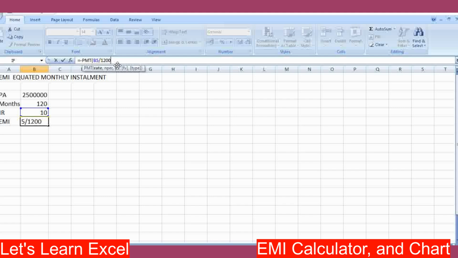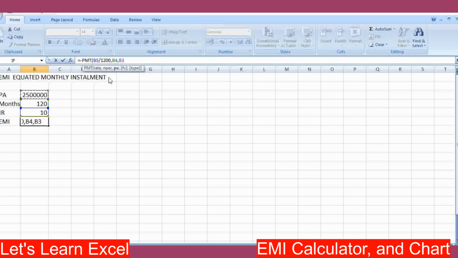Then now comma, now here NPER is number of installments. So the number of installments we have stored here, it is in the cell B4, comma. Now what is this PV? It is the present value we have to pay, say for example 25 lakh rupees.